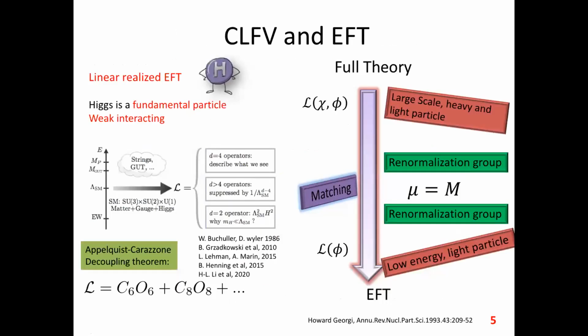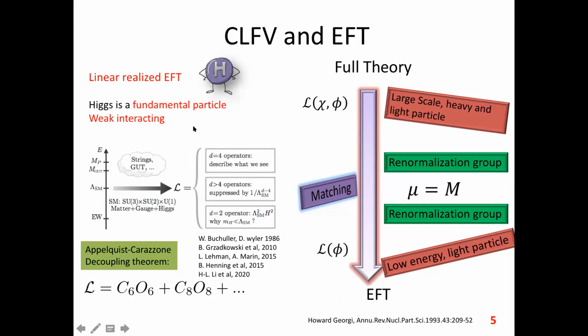Next, I will discuss the tools we use to describe this charged lepton flavor violation. Firstly, we assume the Higgs is a fundamental particle, so we can use the linear EFT to describe the signal. After we integrate out the new particles, the new physics could be described by higher dimensional operators.